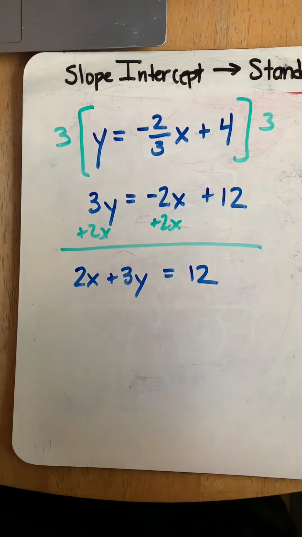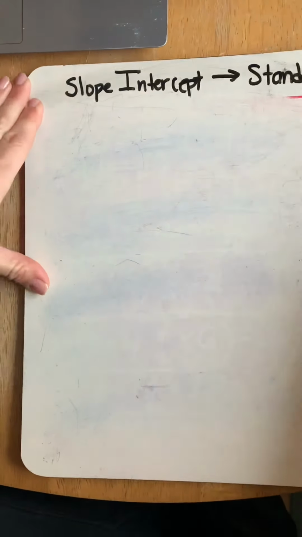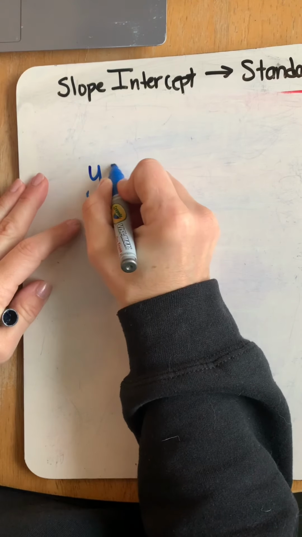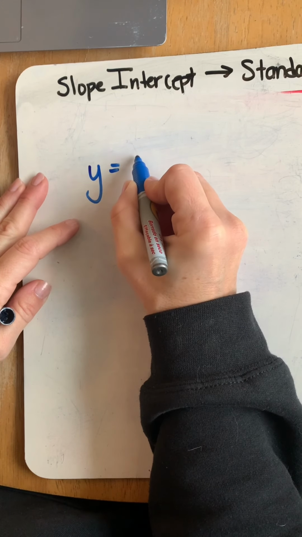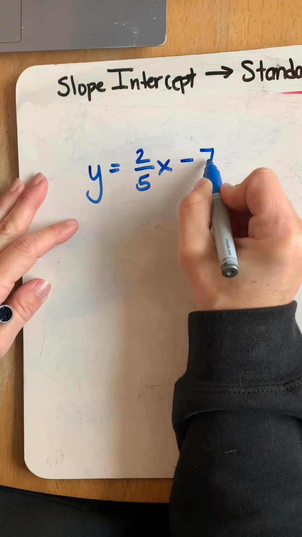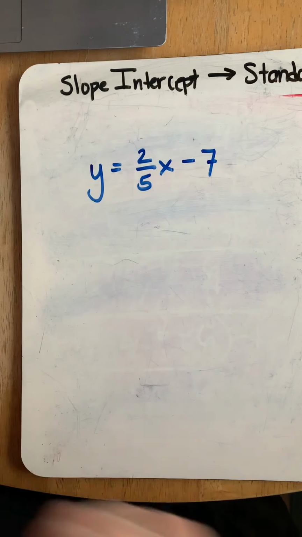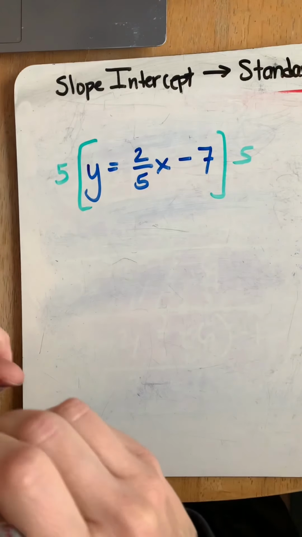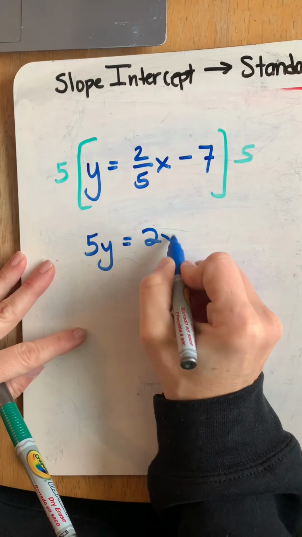All right, beautiful. One more. Let's go y equals 2/5 x minus 7. Go ahead and try it, come back. Let's clear the fraction. So let's go 5y equals 2x minus 35.